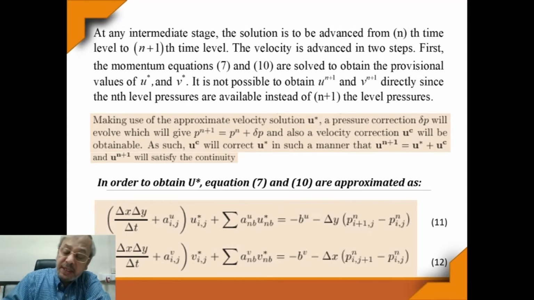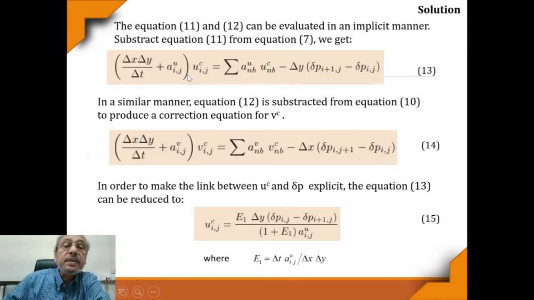So, if we subtract equation 11 from equation 7, we'll get this equation. Instead of Uij^(n+1), we are writing Uij^c, the velocity correction. And exactly as with Uij^(n+1), the coefficients which were there are still there.